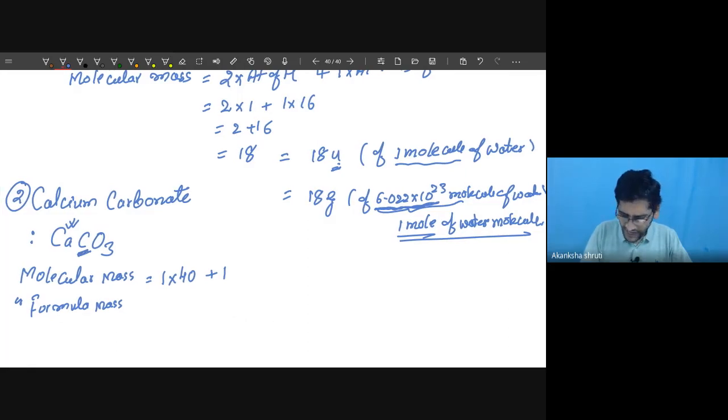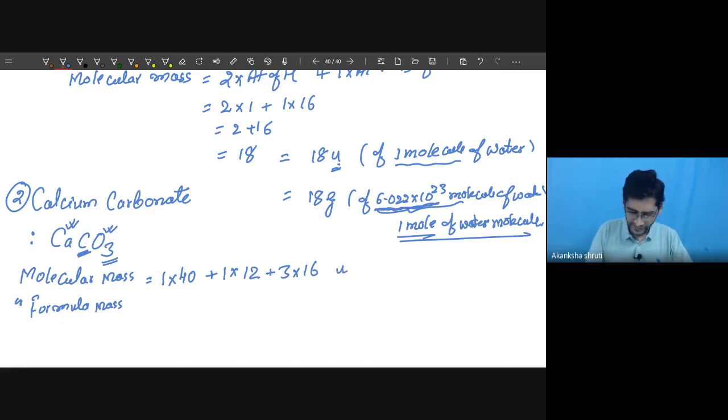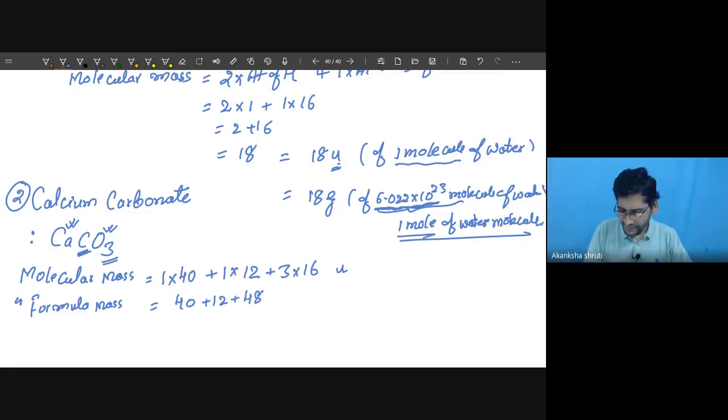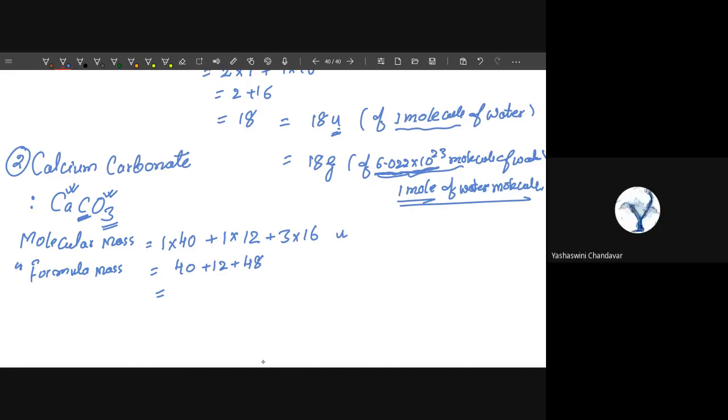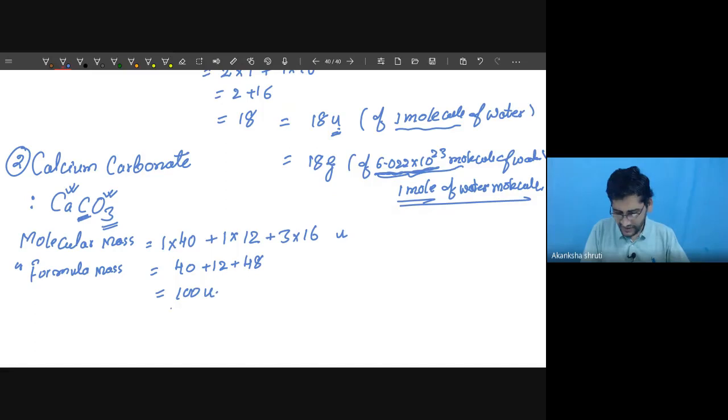The mass of carbon is 12, so put 12, plus. Now coming to oxygen. Oxygen occurs 3 times, so 3 multiplied by the mass of 1 oxygen atom, 16. So 40 plus 12 is 52, plus 48 becomes 100. So it is 100 u.